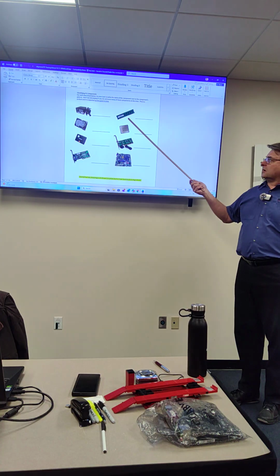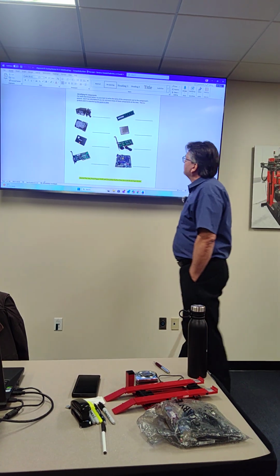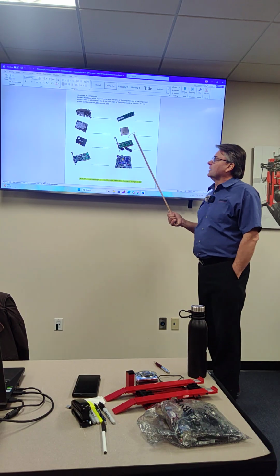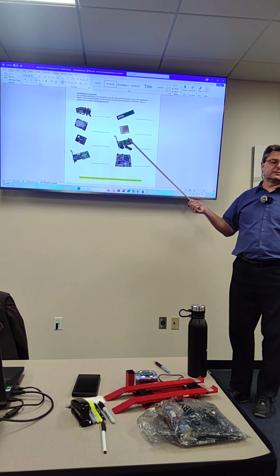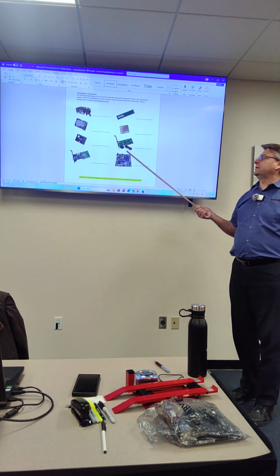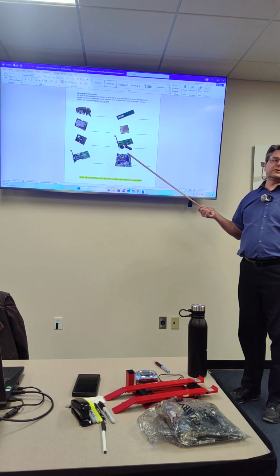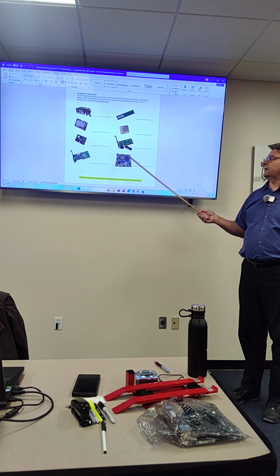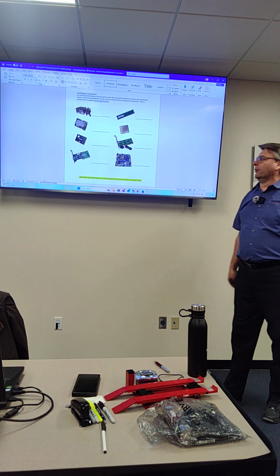RAM. If you can read the sticker, I can't read the sticker, but it's just RAM. And then this is a CPU chip or central processing unit. This guy here, wireless network interface card, Wi-Fi card. Okay. And then this guy here, here's your big old motherboard.